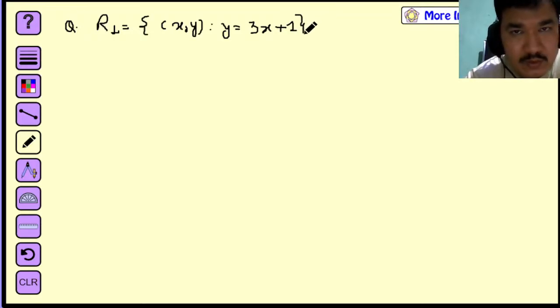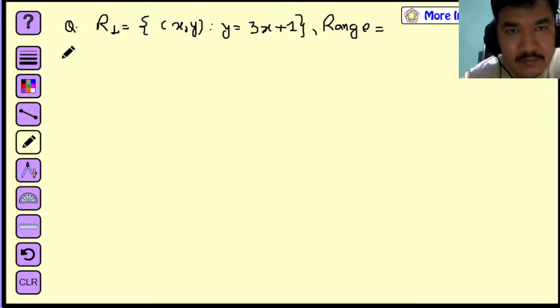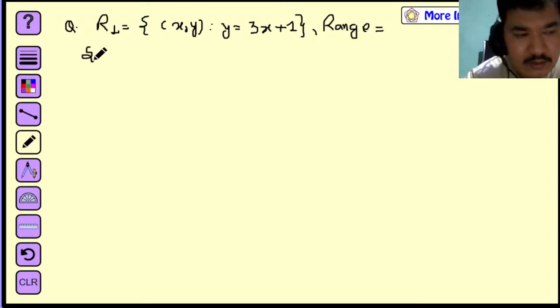This is the set that is enclosed by the curly bracket, and if range is given, its values are 1, 7, 10. Okay, 1 comma 7 comma and 10. These are the values of range given. Okay, these are the values of range.